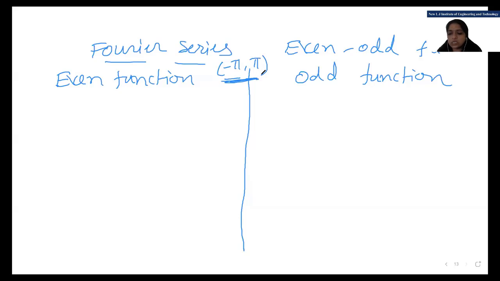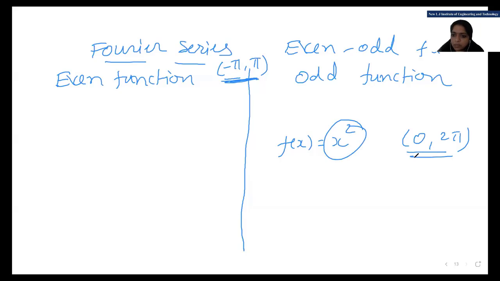Students, the most important thing: you can convert your function into even or odd function only if your limits are minus L to L. If I give you the function f of x equal to x square, and the limits 0 to 2 pi, then this x square you cannot convert into an even function.